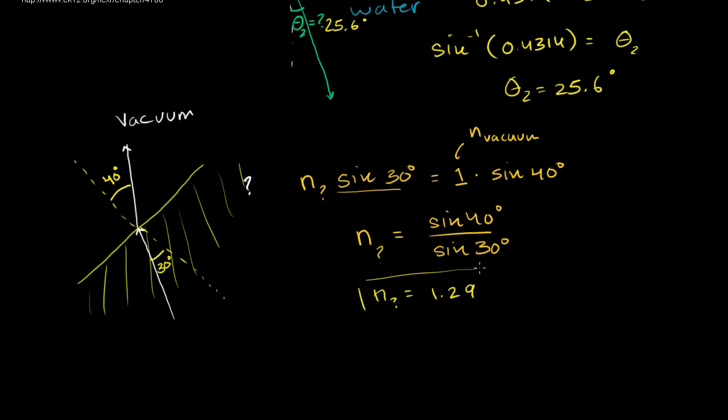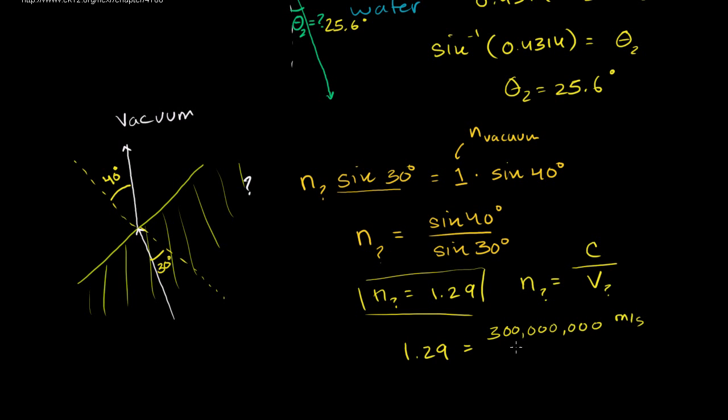So we're able to figure out the unknown refraction index. And we can actually use this to figure out the velocity of light in this material. Because remember, this unknown refraction index is equal to the velocity of light in a vacuum, which is 300 million meters per second, divided by the velocity in this unknown material. So we know that 1.29 is equal to 300 million meters per second divided by the unknown velocity in this material.